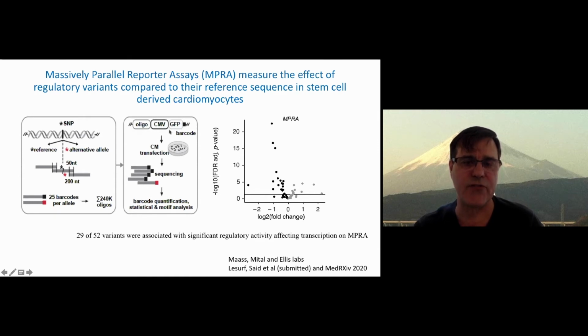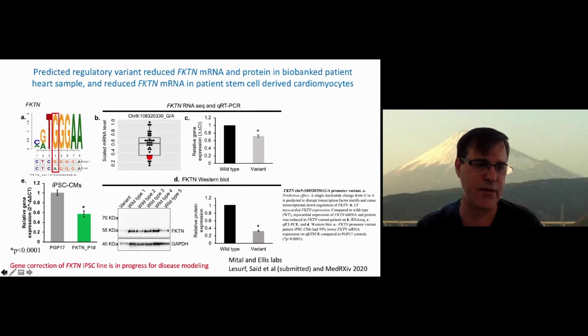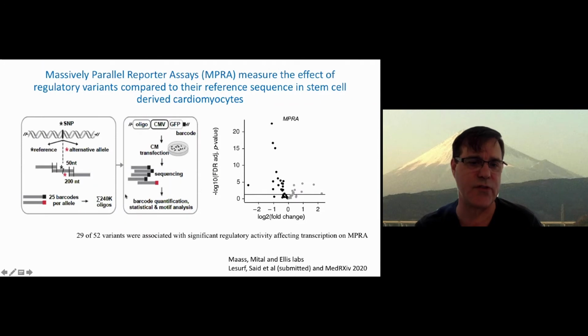So these constructs get transfected or introduced into the beating cardiomyocytes. And then if you sequence the RNA that's made by these, you can see how much of the reference transcripts you get in comparison to the variant, and that will give you an indication that that particular variant affects gene expression.